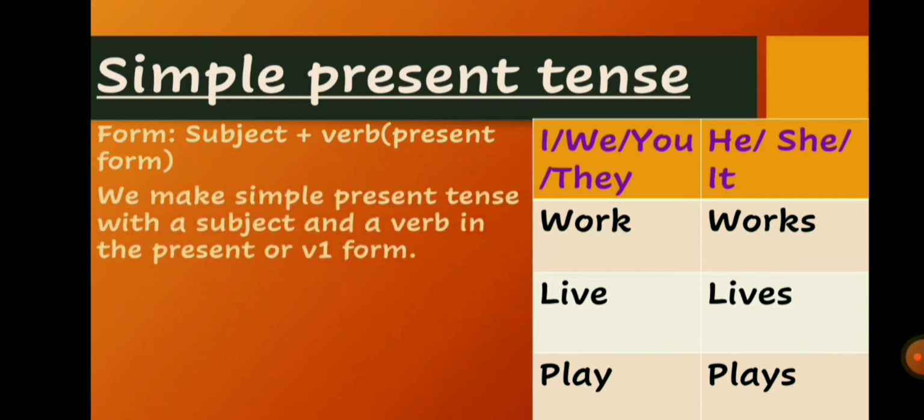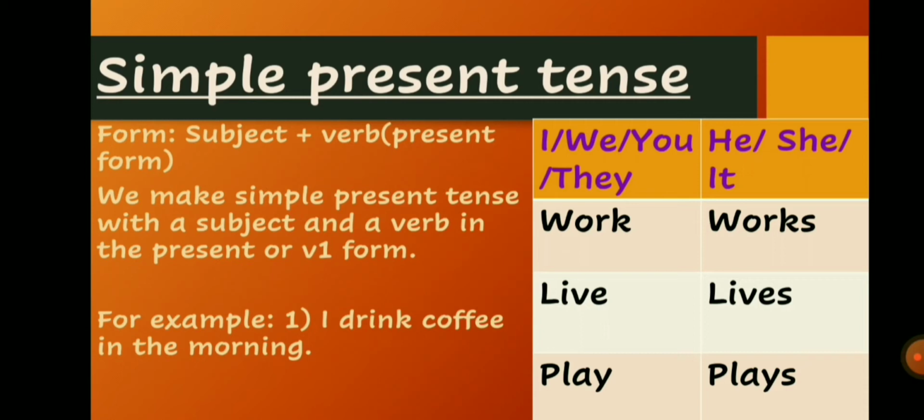For example, I drink coffee in the morning. So in this sentence we can see that drink is a current action which is going on, drink coffee in the morning. So drink is the simple present tense.